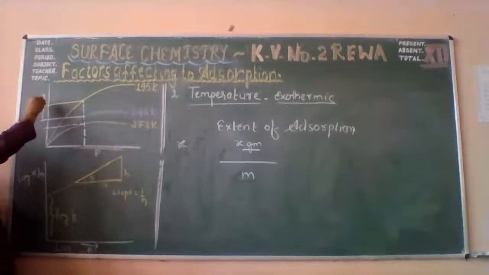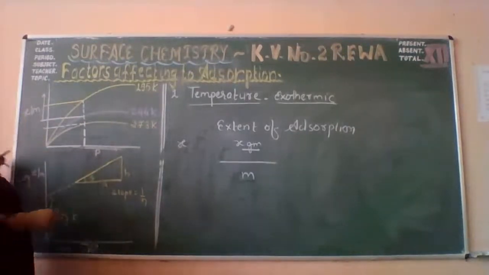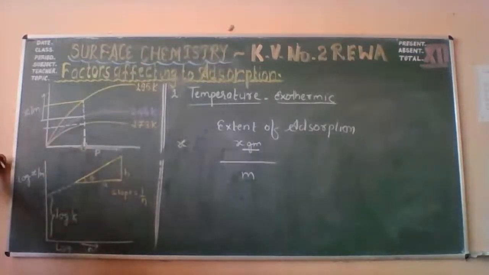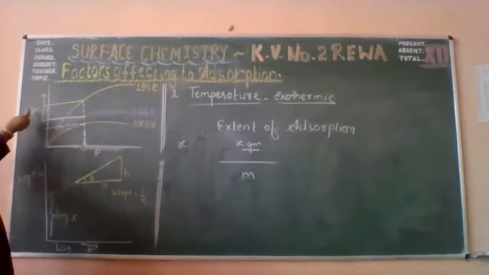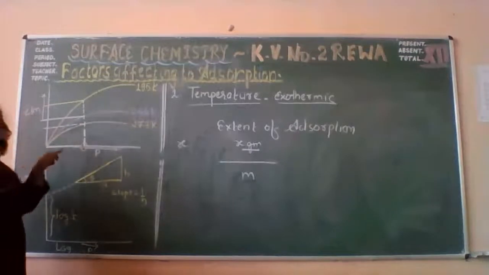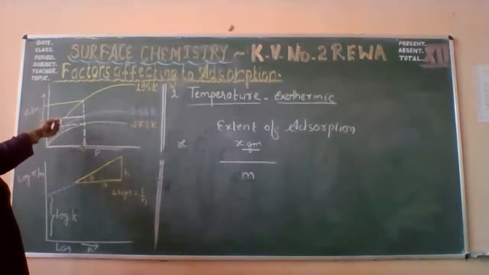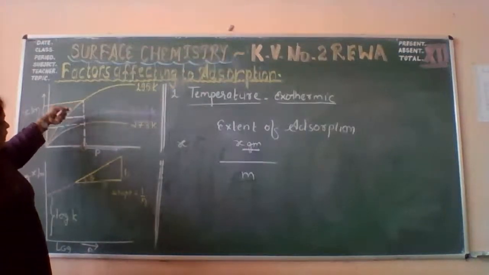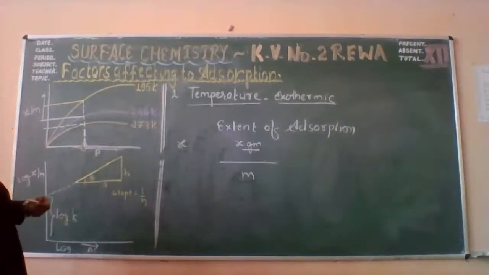These are the values for the same pressure. Now at this point, the pressure is not changing at all, and still you can see that at the different temperatures, the X upon M, that is the extent of the adsorption, is different.